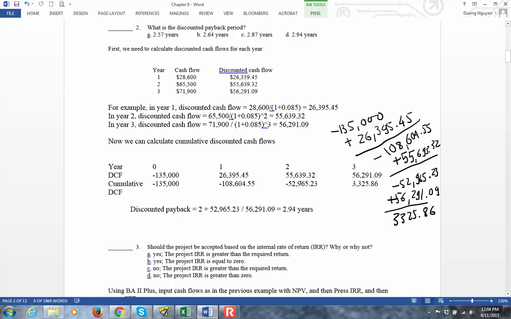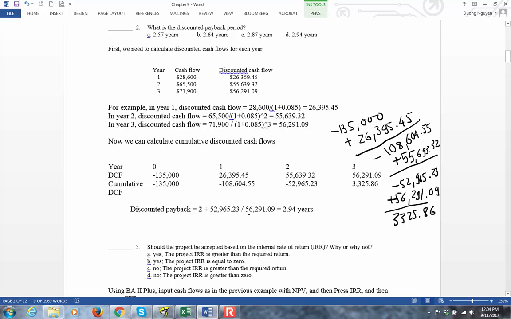At the beginning of year 3, you need to recover 52,965. During year 3, you make 56,291. So the discounted payback would be at least 2 years plus a portion of year 3 to recover $52,965.